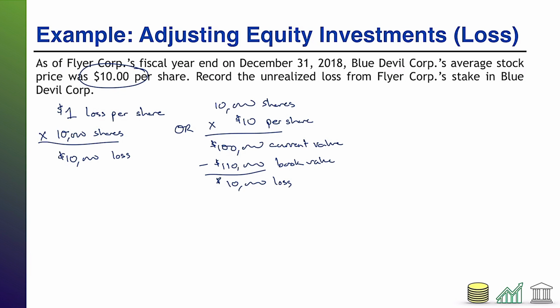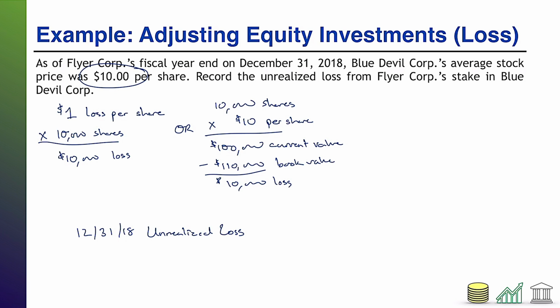All right, how do we record this loss? Well, it's an adjusting entry that happens at the end of the period, because that's when we're figuring this out, so 12/31/18. We know that we have a loss from the value going down, but we haven't sold the stock. So this is what's known as an unrealized loss. And so that's what I'm going to debit. And you'll be saying, well, why am I debiting it? How do I know that?